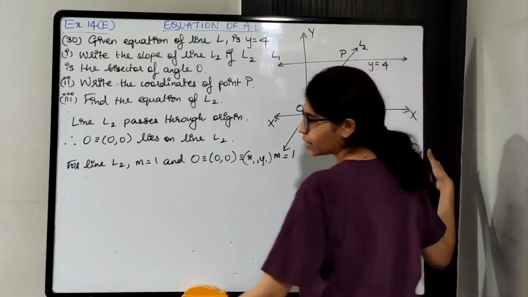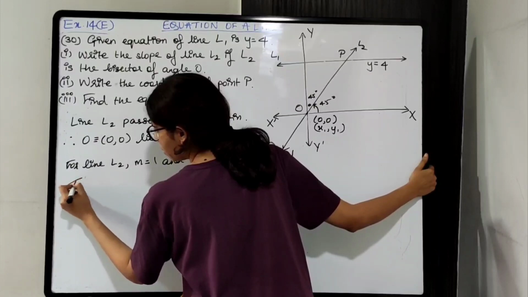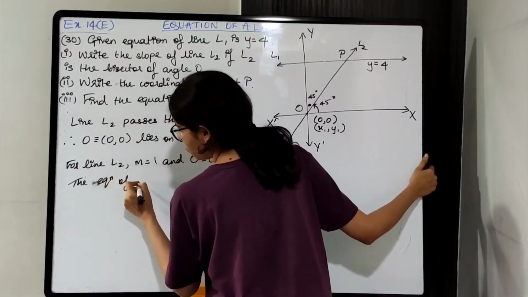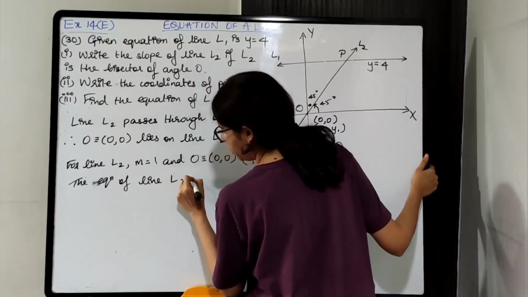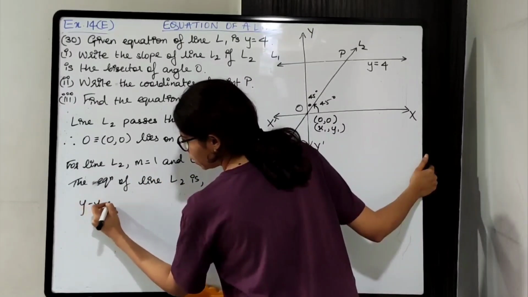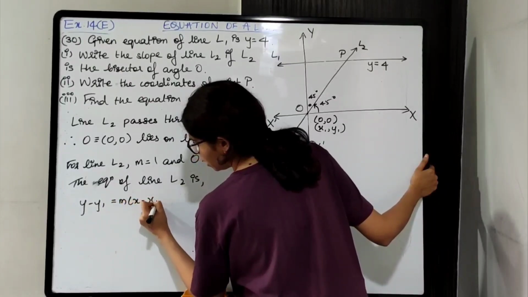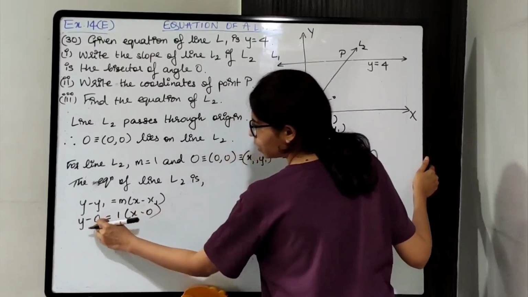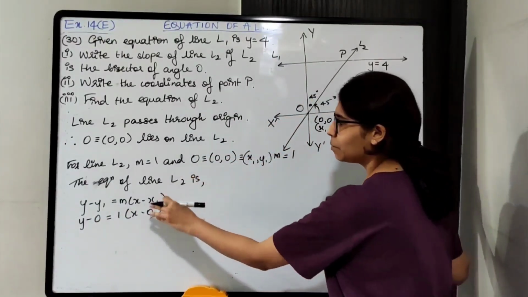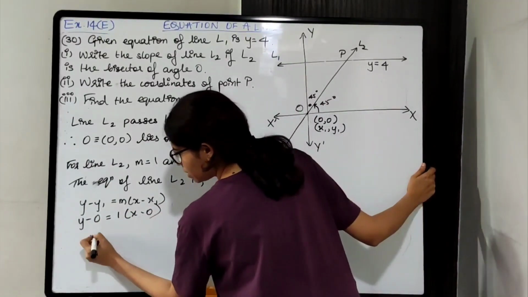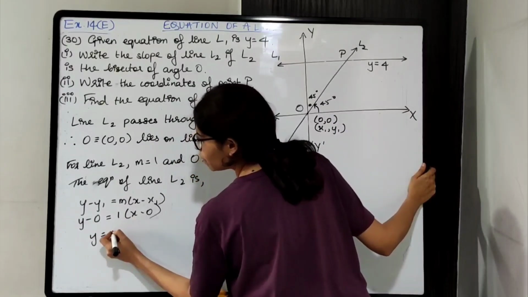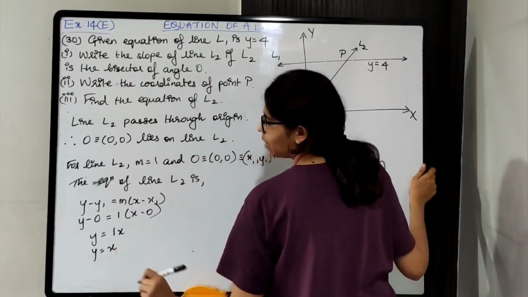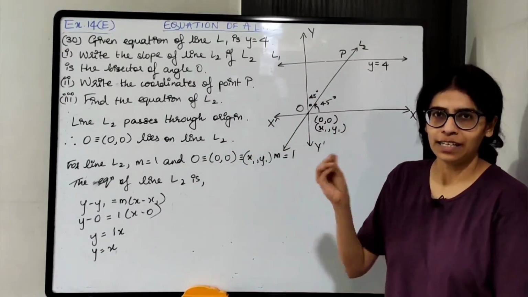Okay, so the equation of line L2 is y minus y1 equals m into x minus x1, y minus 0 equals 1 into x minus 0. x1, y1 is 0, 0 and m is 1. Okay, y minus 0 is y, 1 into x minus 0 is 1x, that is nothing but x. Okay, so y equals x is the equation of line L2.